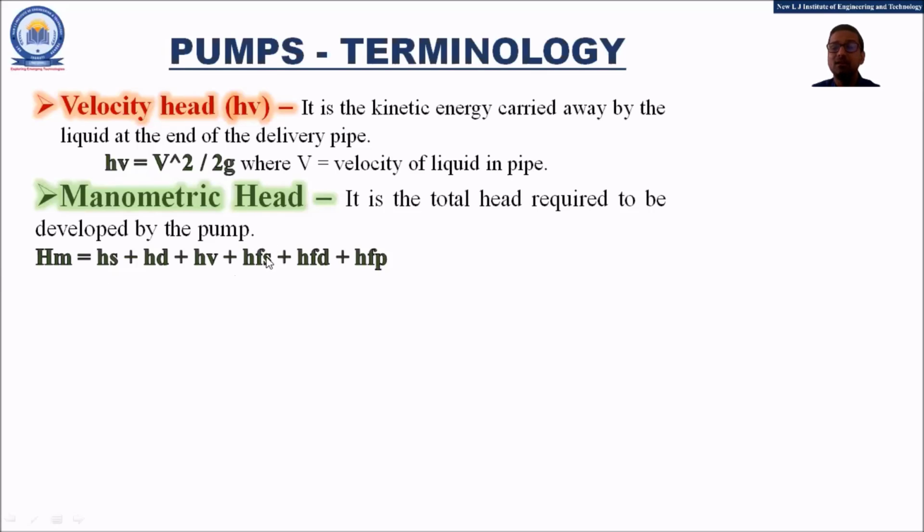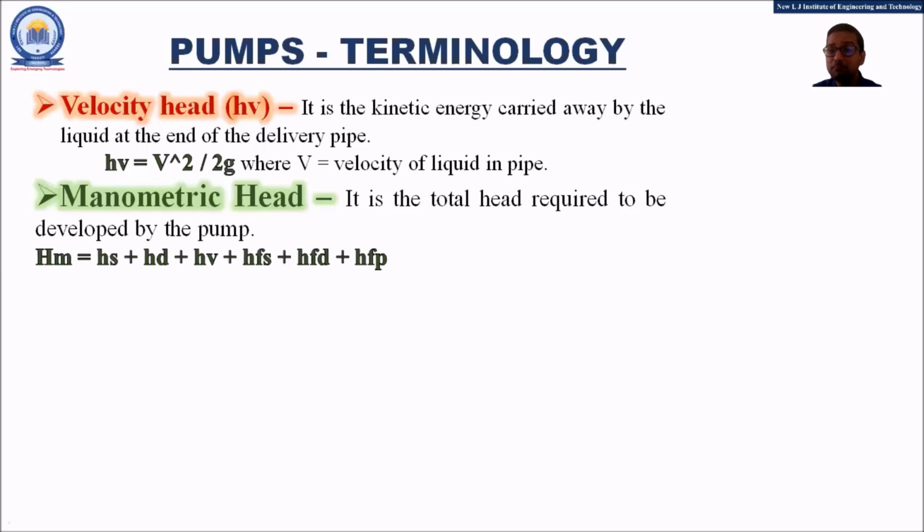HFS, that is the frictional losses which are produced in the suction pipe. So those losses also need to be considered. HFD represents the frictional losses in the delivery pipe. That is also to be considered.